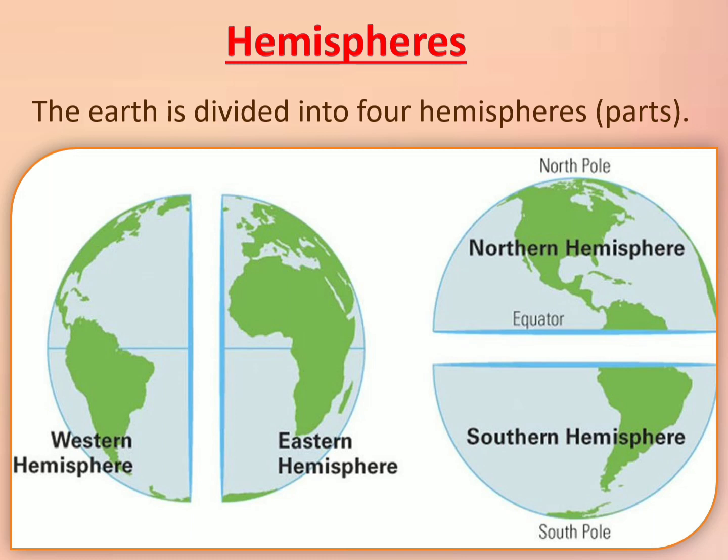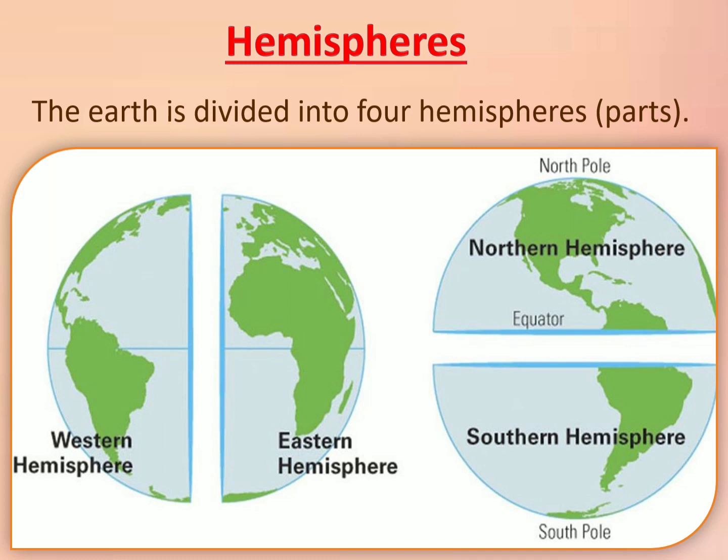Thus the equator divides the earth into two halves. These halves are known as hemispheres, means parts, two parts. See, I have broken it down: equator, northern hemisphere and southern hemisphere, right? It is dividing the earth into two parts. Now, it is the equator that is dividing the earth into north and south hemispheres, right?